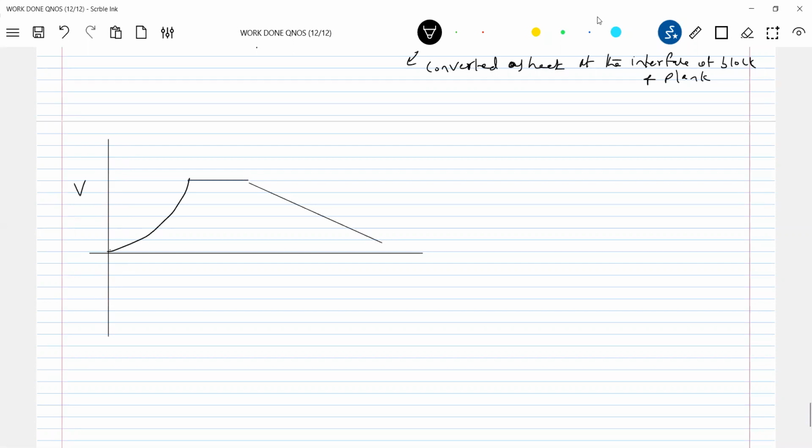Now, if they give a speed versus time graph, this is some VT graph.